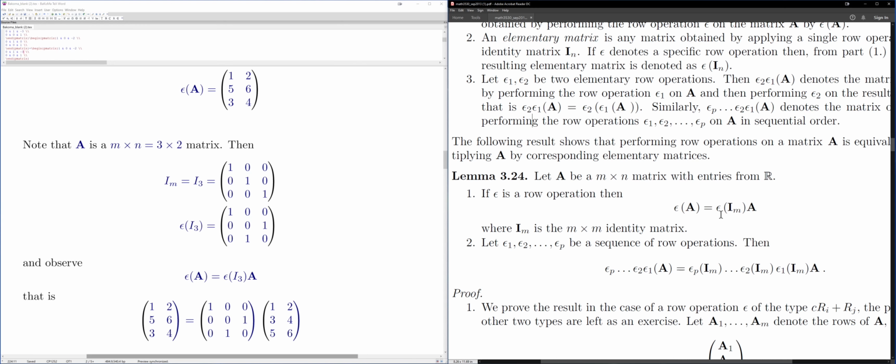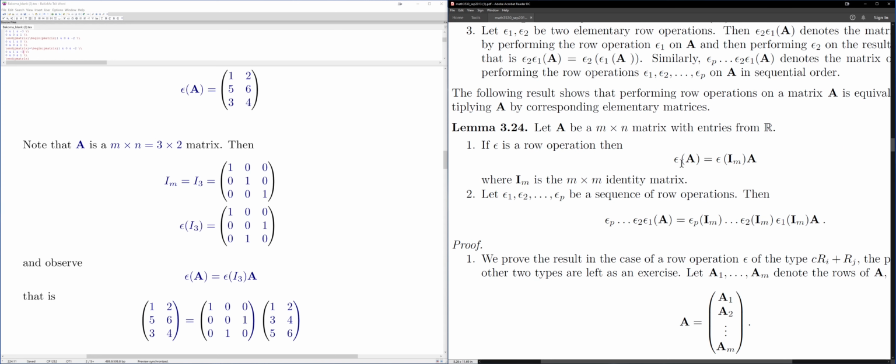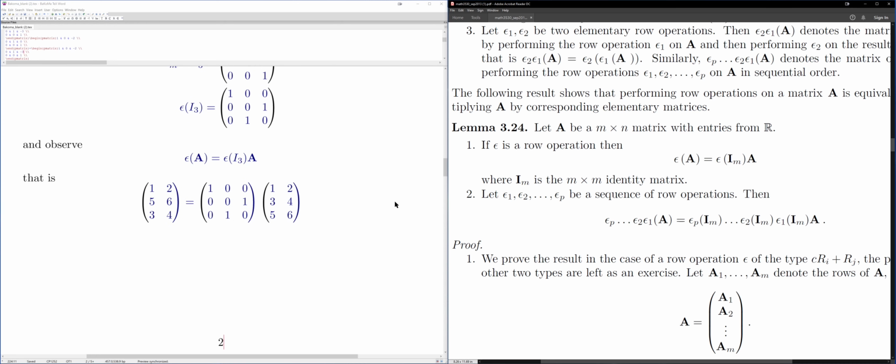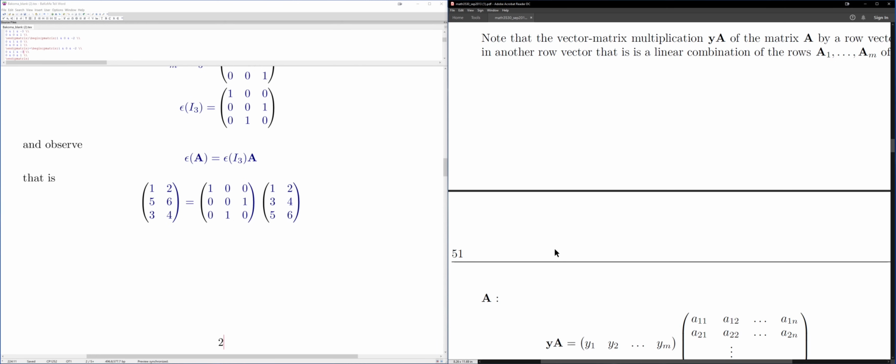And that would give me an elementary matrix, and multiplication of that elementary matrix by A has the effect of doing my row operation for me. So that's when I have a single row operation.